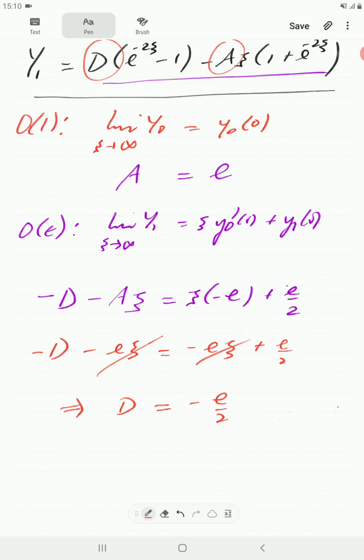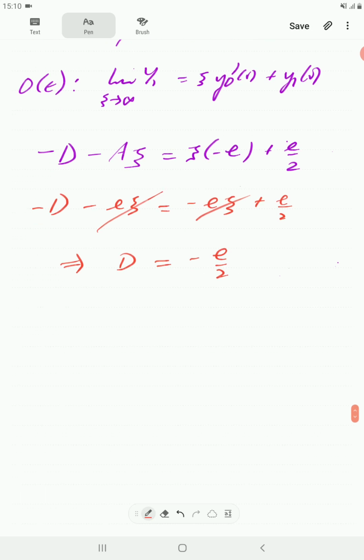Then we have got d, and we have got a. So we can now rewrite the inner solution exactly. So we're going to have y naught is equal to e into 1 minus e to the minus 2xi.